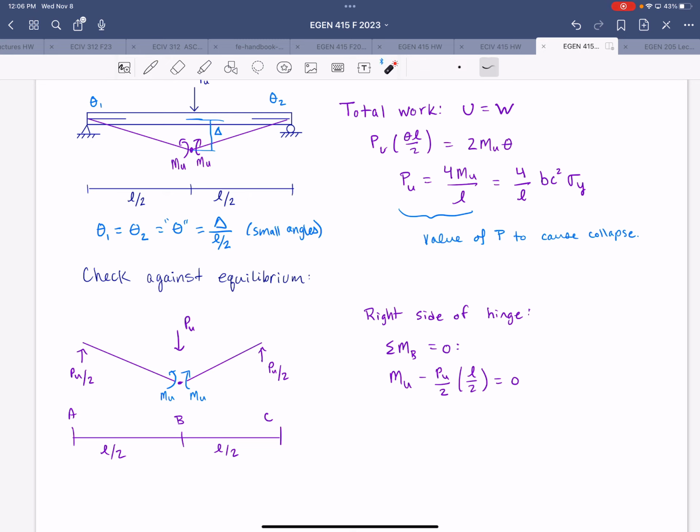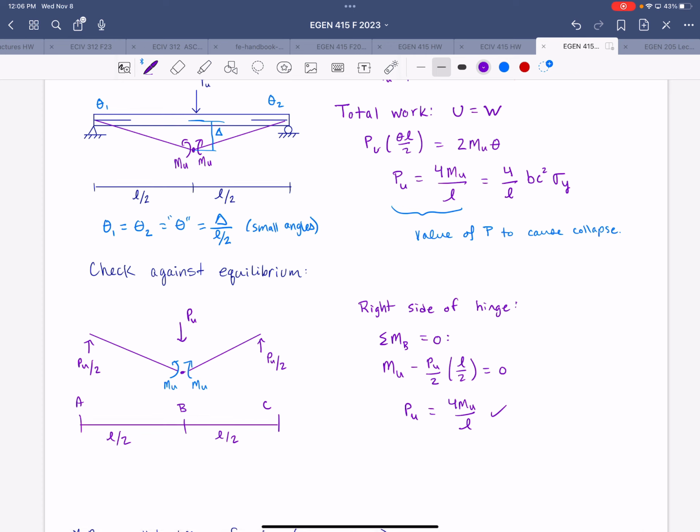For equilibrium to be satisfied, that has to be equal to 0. So we're using that and proving that we get the same result. So Pu is equal to 4 Mu over L. And since that matches the result that we got from the energy balance, that confirms that this is the collapse mechanism.